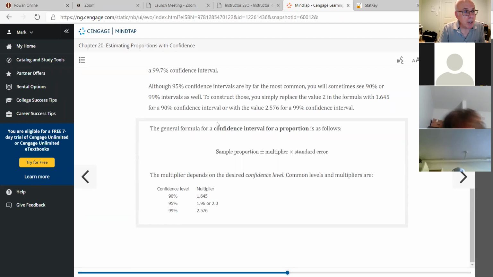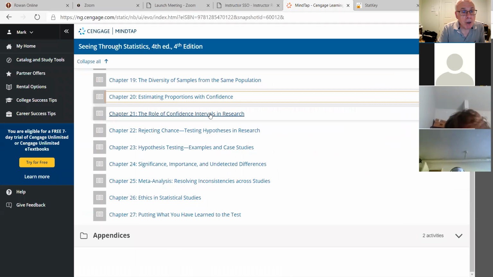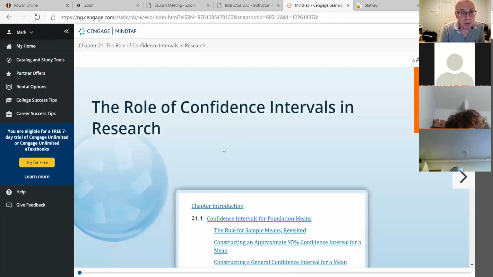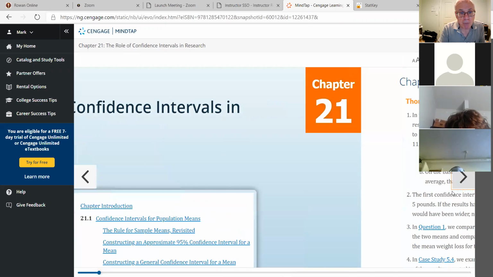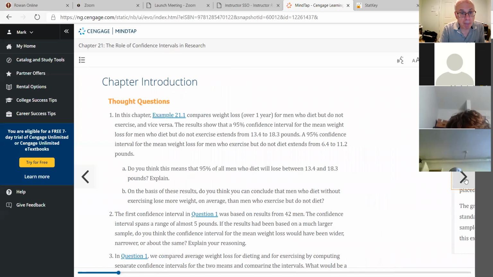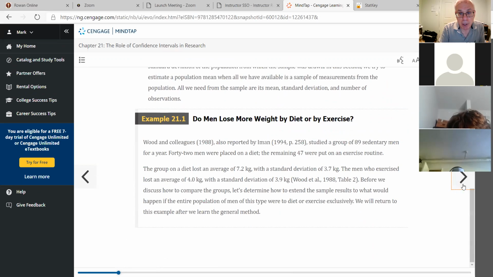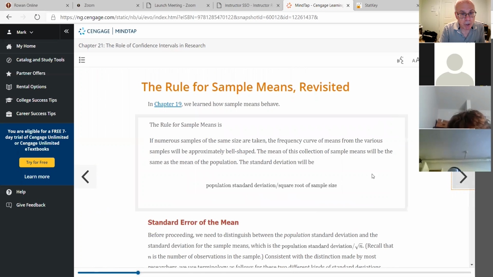Now, chapter 21, if we go back, has to do with confidence intervals for means. And there's no big difference between proportions and means in terms of constructing a confidence interval if you're going to use formulas. Once again, you're going to add and subtract a margin of error to the sample mean. That's literally what you're going to do if you're using a formula. They give examples in here of how it's done.